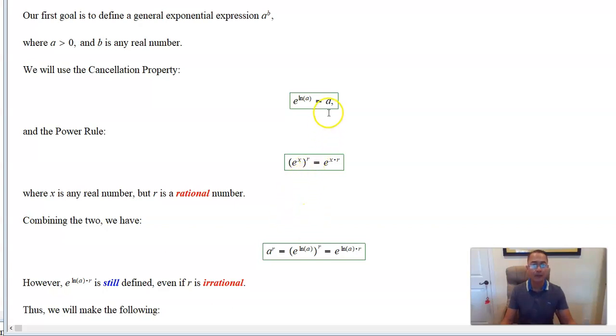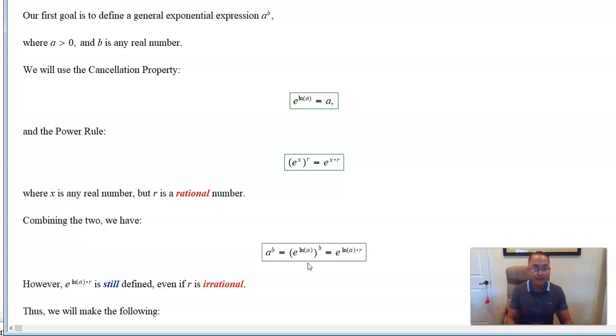So we have these two steps, so we can now rewrite a to the r. Let's turn that into a b. a to the b is e to the ln of a times b.